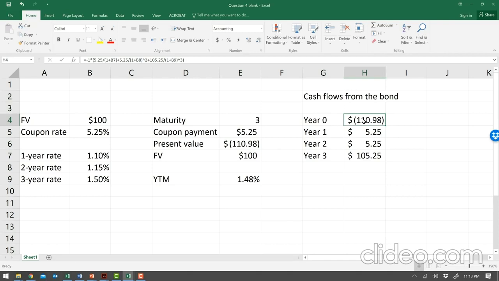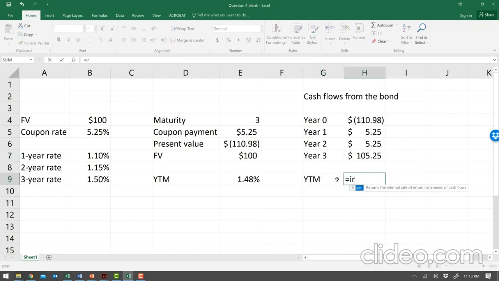And then we have positive 5.25, positive 5.25, and positive 105.25. Another way of computing yield to maturity is simply to use the internal rate of return function, IRR, then enter the array of our cash flows and hit enter. This will give us the identical answer. So the yield to maturity on this bond is 1.48%.